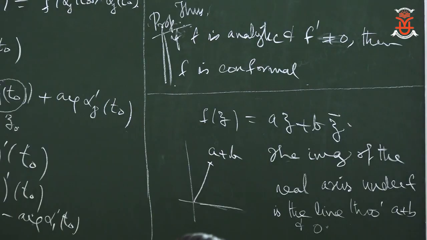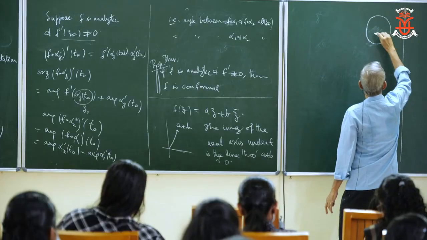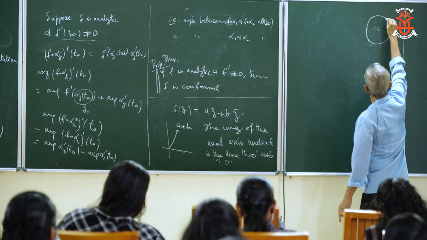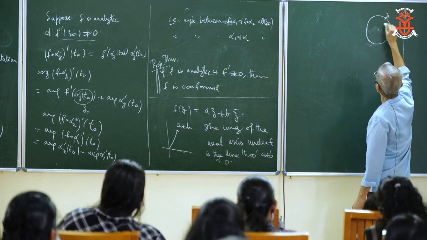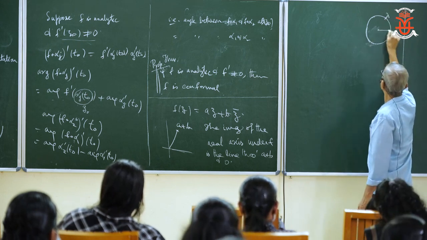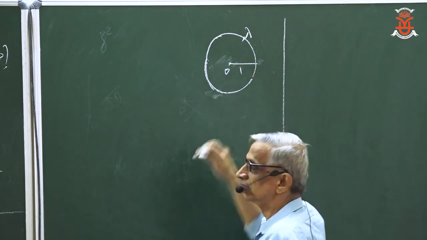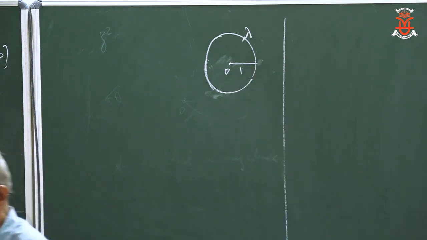On the other hand, take any direction. That means any, how do you fix a direction in the plane? By fixing a point on the unit circle, right? Take any lambda on the unit circle, mod lambda equal to 1, take any point lambda on the unit circle, look at the line joining 0 and lambda.